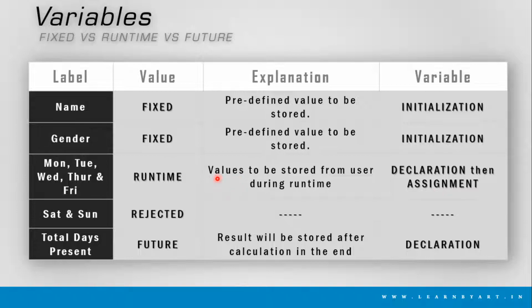As you can see over here, the value needs to be stored from the user on an everyday basis. Now Saturday, Sunday will be rejected totally, so no explanation and no variable selection, and the number of days he's going to be present will be calculated in the end. So that is why the word future is written over here, and for the future calculation we are going to use declaration of variables.